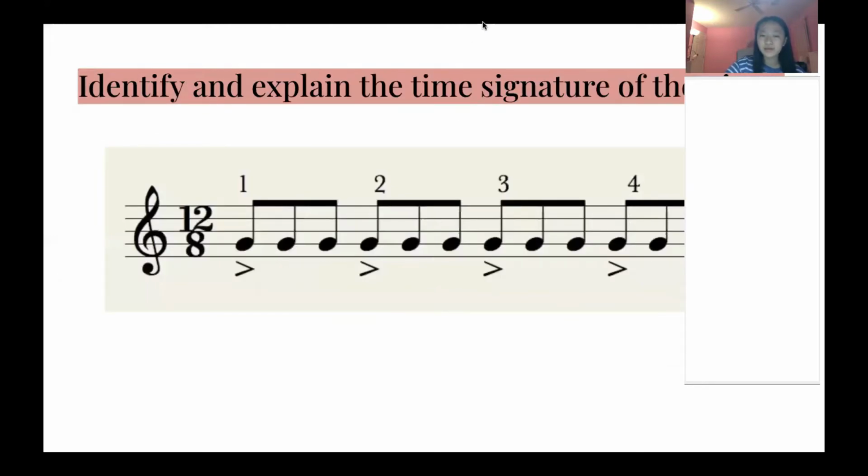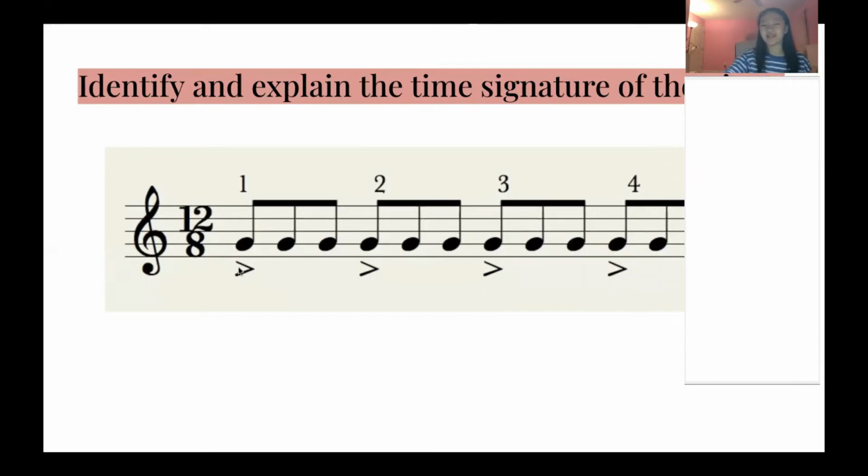Okay, so for this one, identify and explain the time signature of the piece. I'll call on Alvin. 8th note gets 1 beat. 12 beats in 1 measure, and by the way, the greater than symbol means to play more hard, I guess.